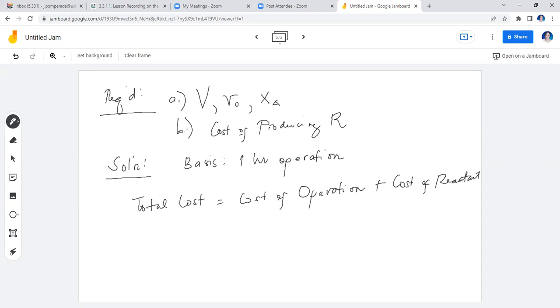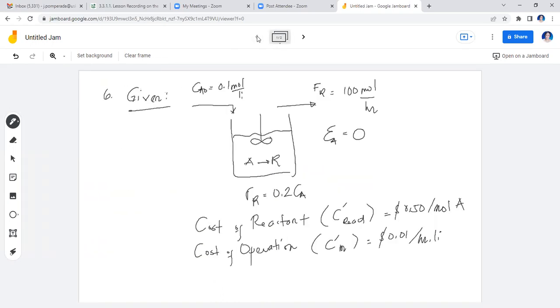Okay, so let's say we will represent this as total cost, the C sub T. The cost of operation is C sub M. And the cost of reactant is C sub react. It doesn't have the prime because it's the unit cost that I have represented a while ago with the prime. So let's go back to our given.